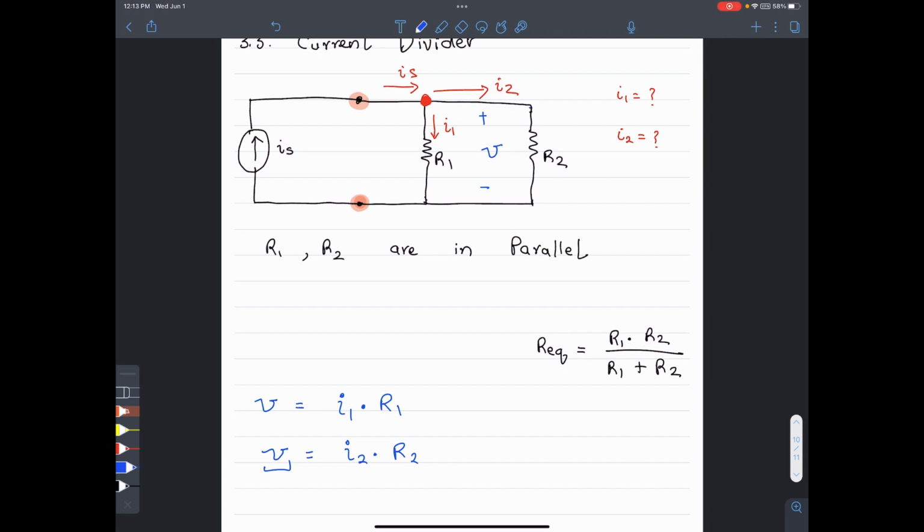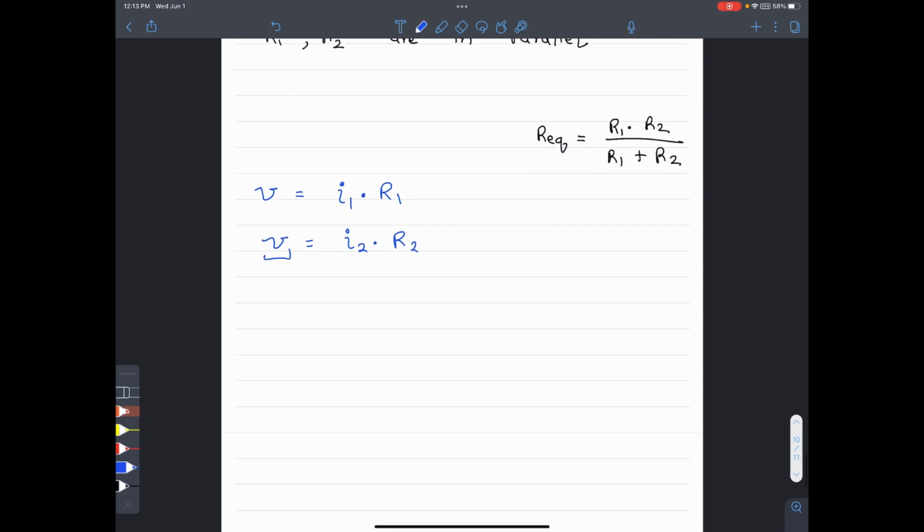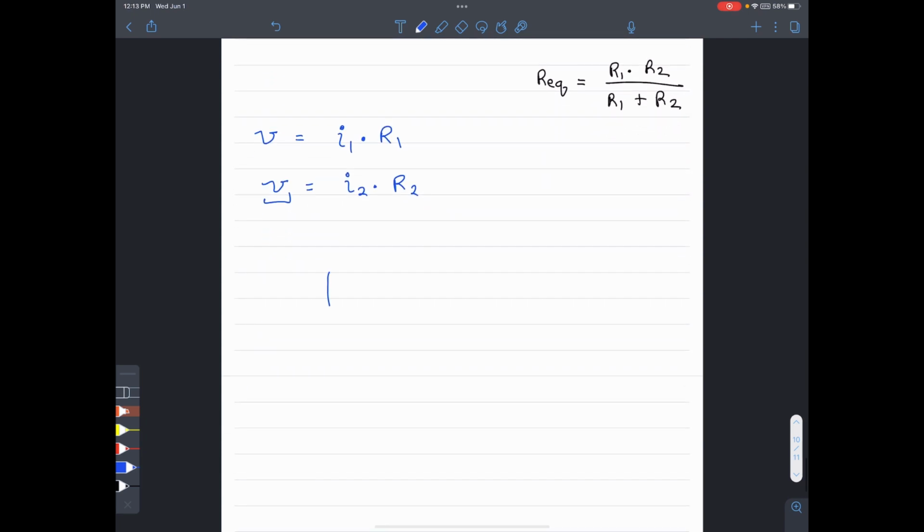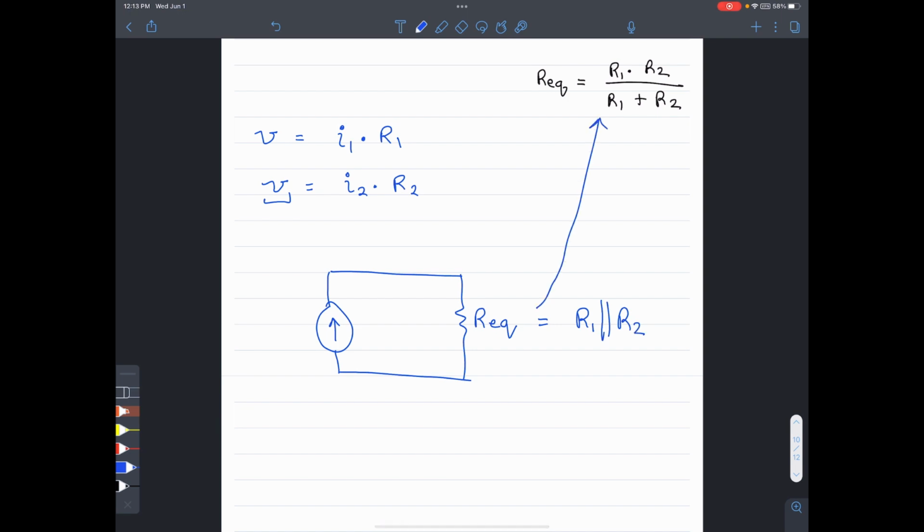If you think about it, I earlier drew the equivalent resistance, right? There is one current source which is driving an equivalent resistance, R equivalent, because this represents R1 in parallel with R2. So R equivalent is going to be given by that formula.